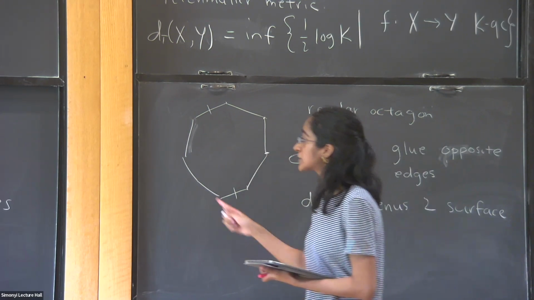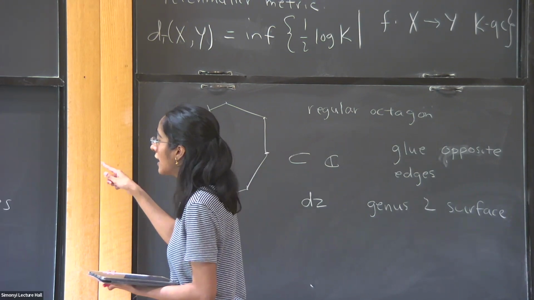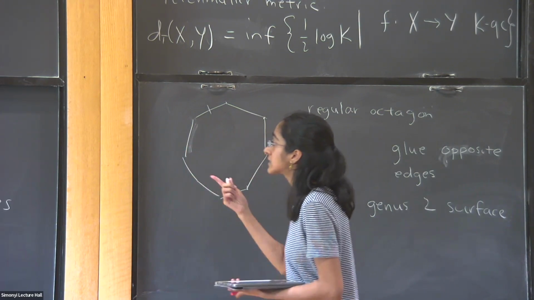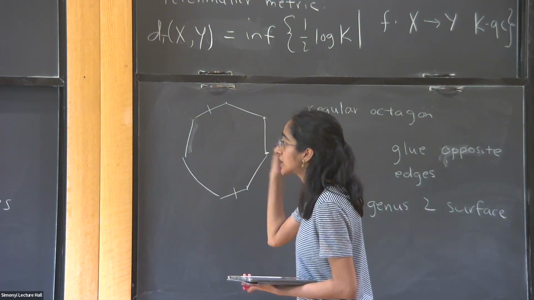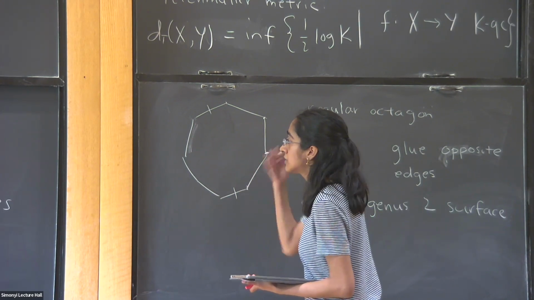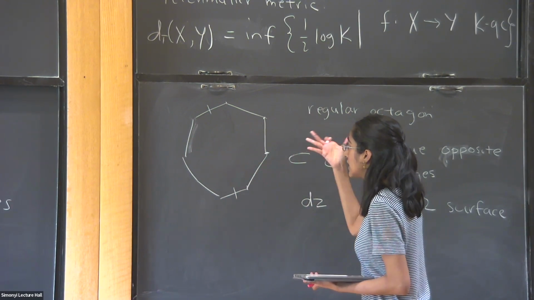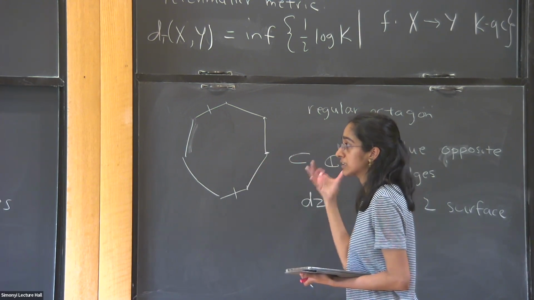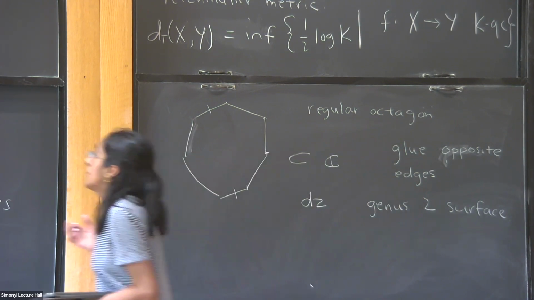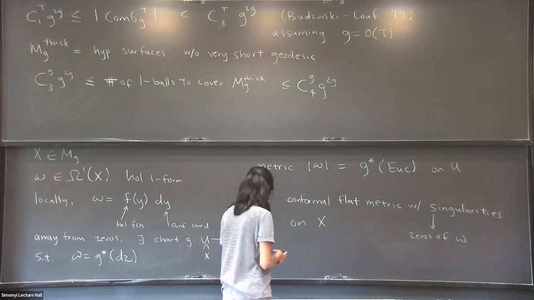Okay, so the upshot of this discussion is that there is a geometric way to view holomorphic one forms in terms of the flat metric that it is associated to.